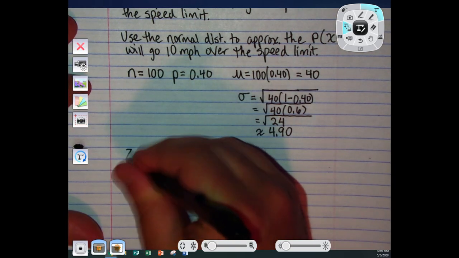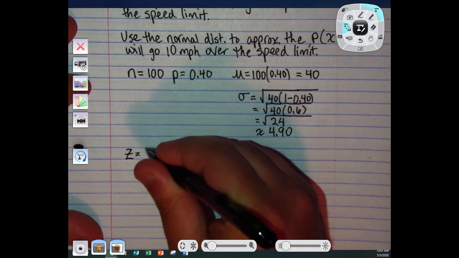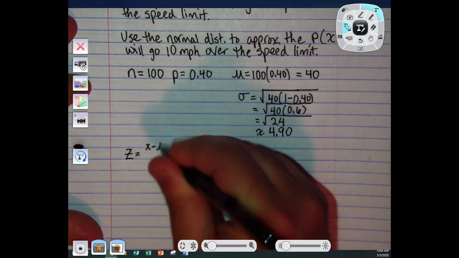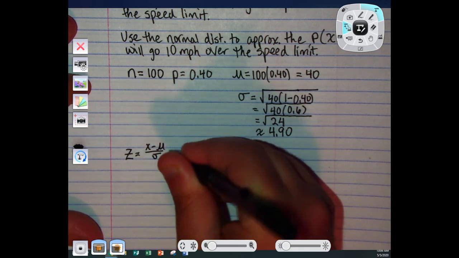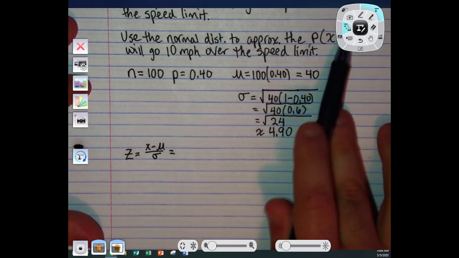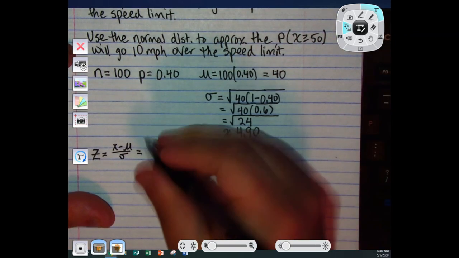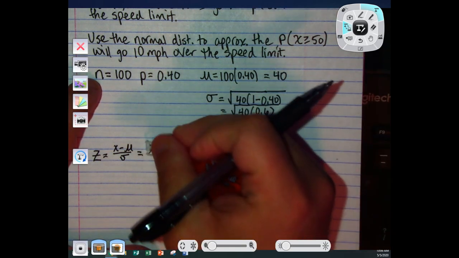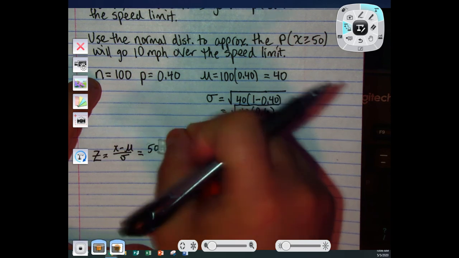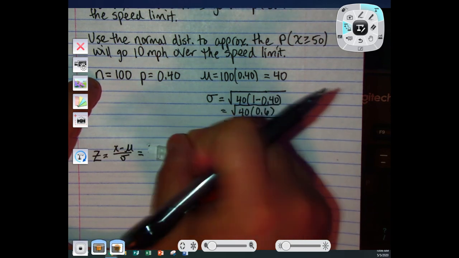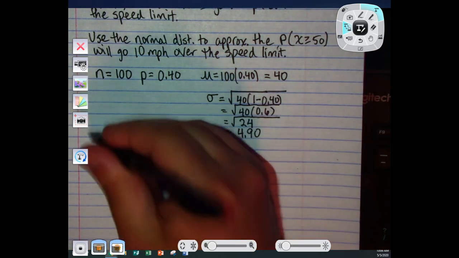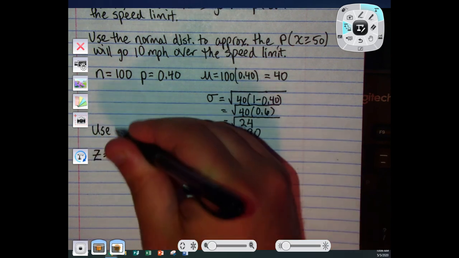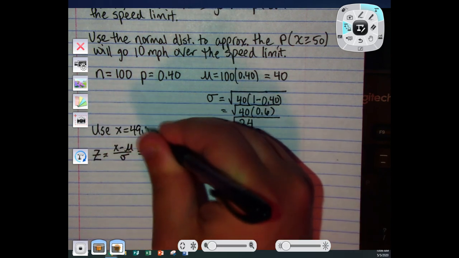So I can do a z-score. We do x minus mu divided by sigma. Our x is greater than or equal to 50, so I'm going to use 50. Or actually, back up. Instead of using 50, because I made a simple mistake that many people will make, because it is a normal approximation, we want to use x equals 49.5.